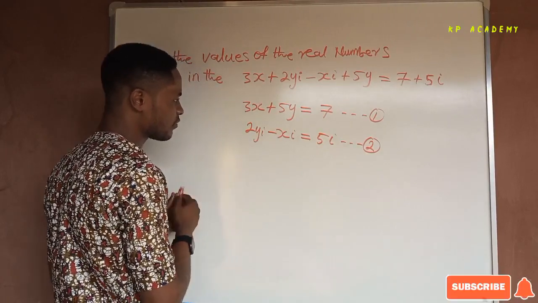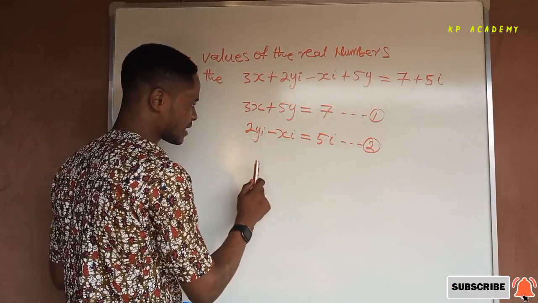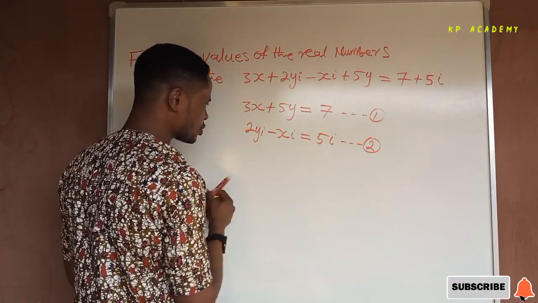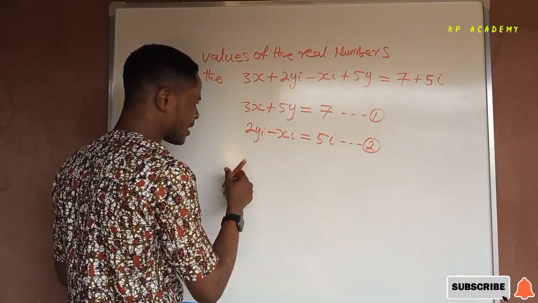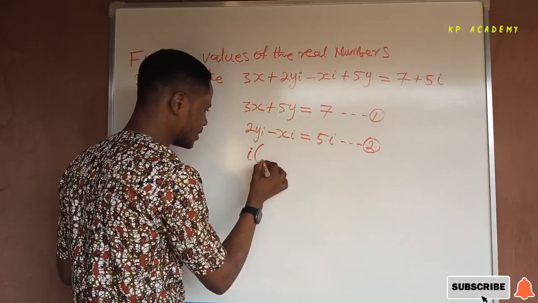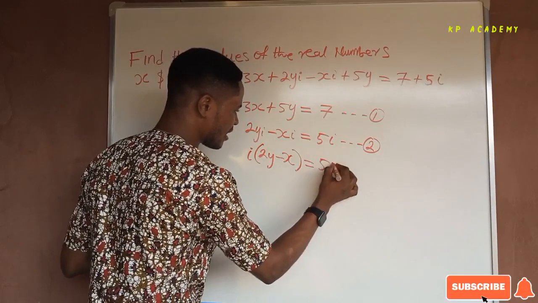But first off, remember that this term has i, this one has i, this one also has i. So we can factor out i. In equation 2, the first and second terms have i, so we can factor out i, such that it will be i times (2y minus x) is equal to 5i.